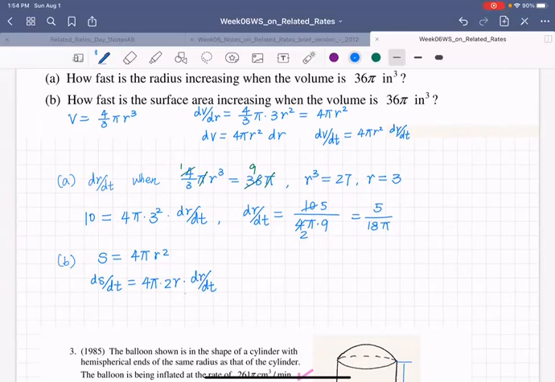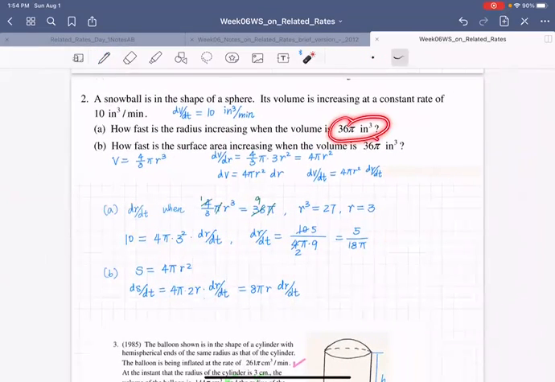So that's just 8 pi r times dr over dt. And then you already know what dr over dt is.